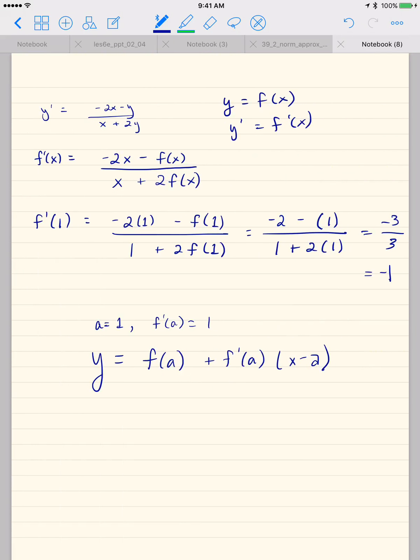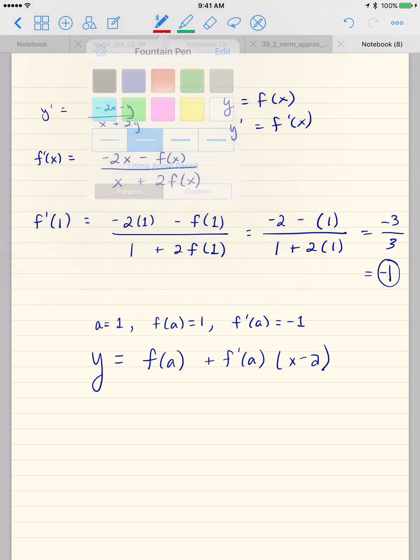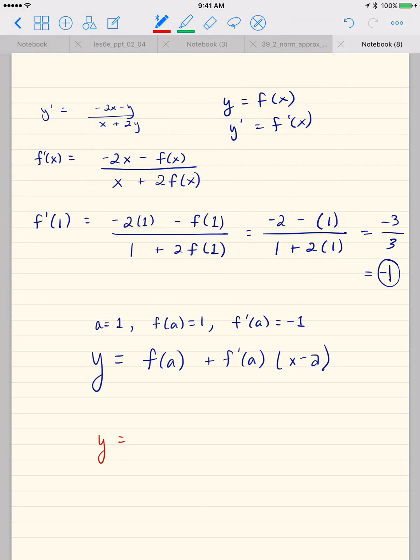And we just found that f of a equals 1, and f prime of a is going to equal negative 1. Okay, so then our final answer, we're switching to red here, is y equals 1 minus x minus 1.